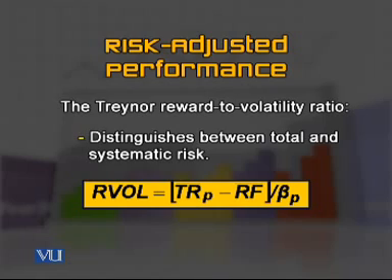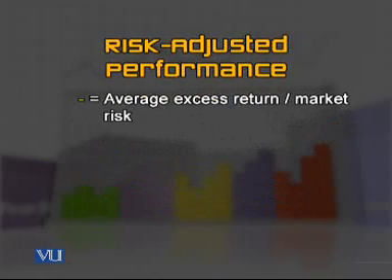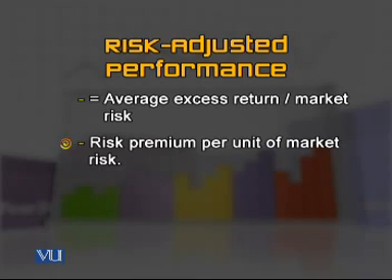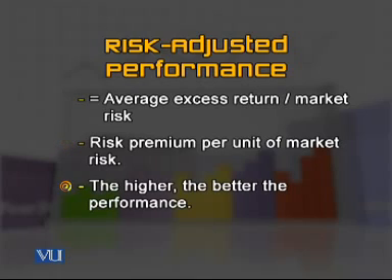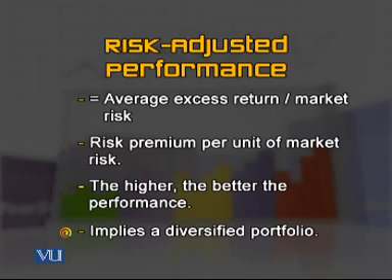So RVOL, for short, is equal to average excess return divided by market risk. It is the risk premium per unit of market risk: the higher, the better the performance, and it implies a diversified portfolio.